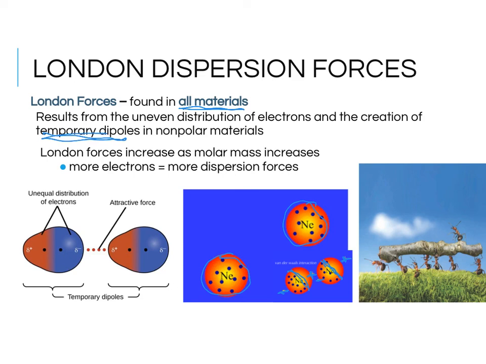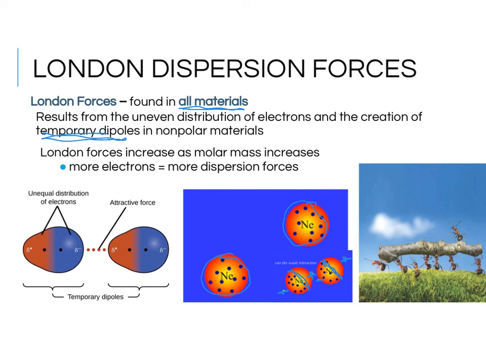This attraction is created just by random chance, because those electrons end up on one side of the atom at an instant and then they're not on the other side. So this attraction between the positive and the negative acts as a quick, momentary glue holding atoms together.